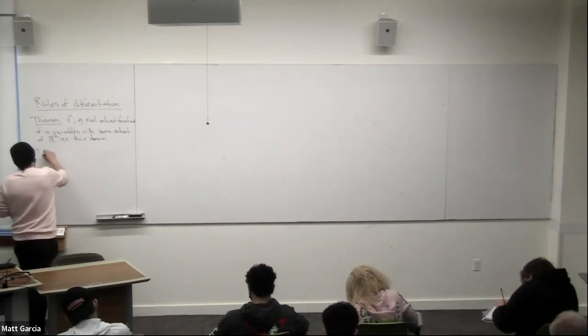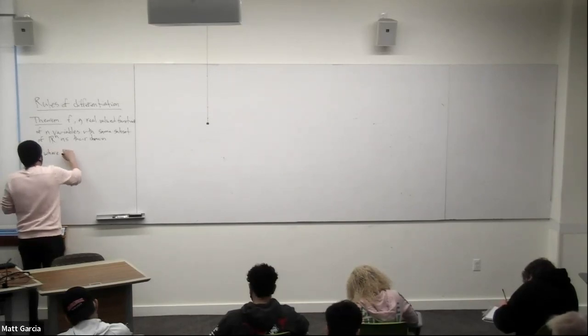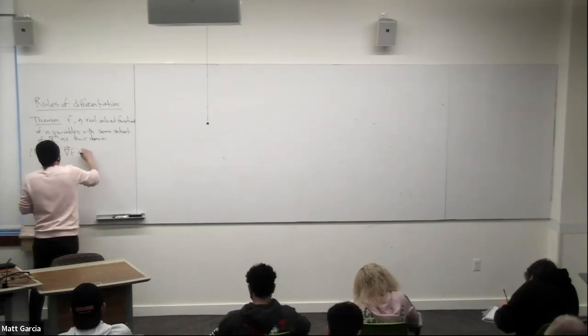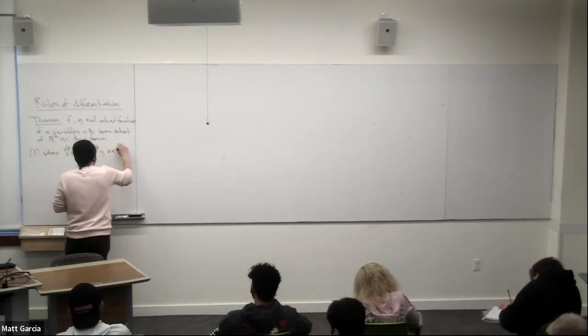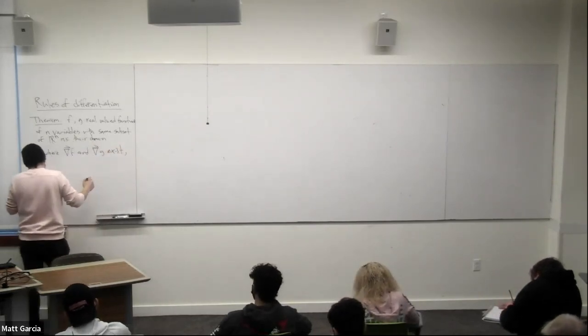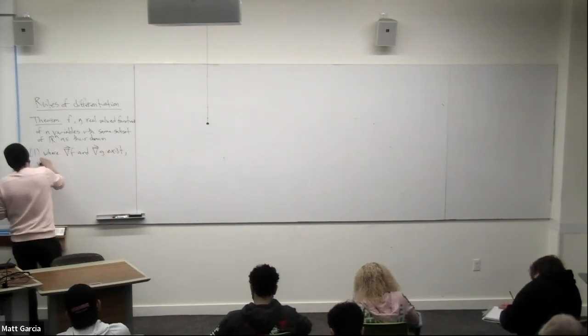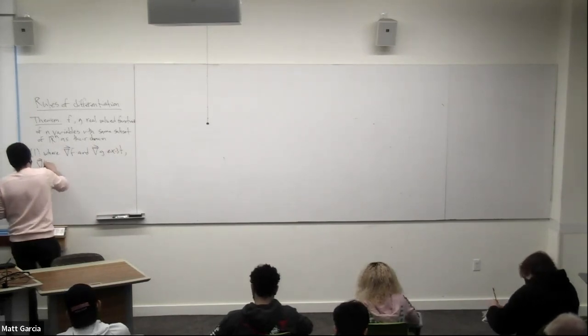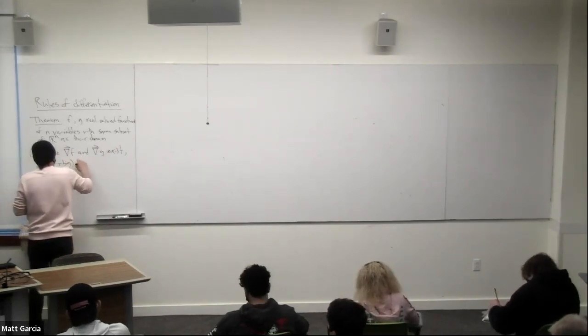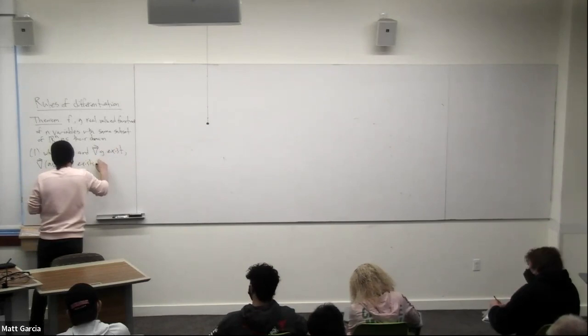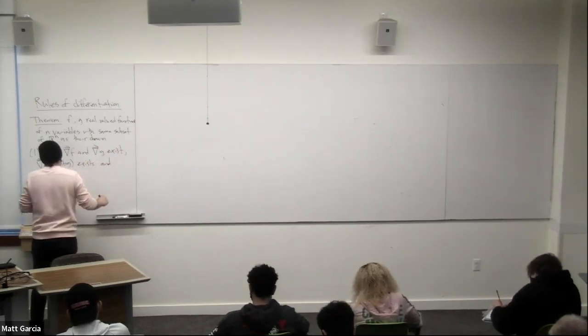Firstly, where the gradient of f and the gradient of g exist, we have that the gradient of a times f plus b times g exists, and we have a formula for it.